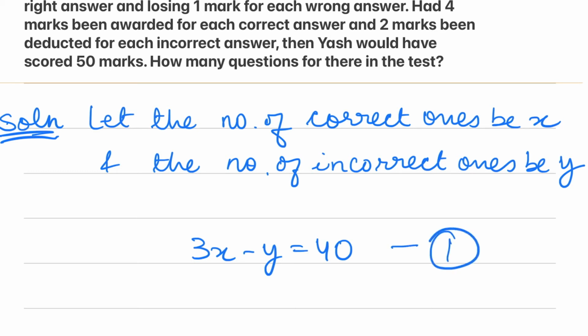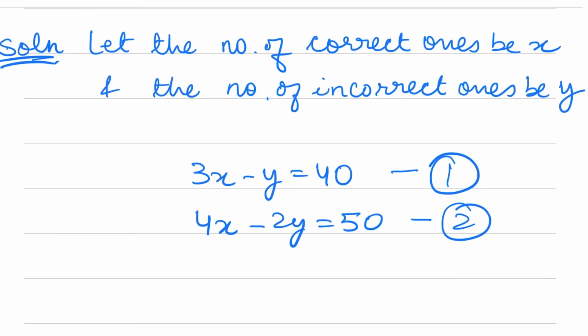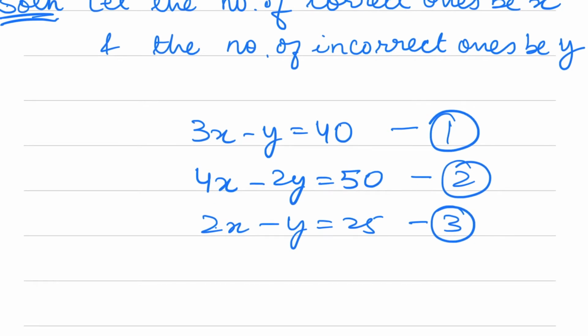Second equation we have, had 4 marks been awarded for the correct one, so 4x, and 2 marks been deducted for the incorrect, so 2y, and he would have got 50 marks. Second equation. I can reduce this equation, 2 is common, so 2x minus y is equal to 25. Third equation.